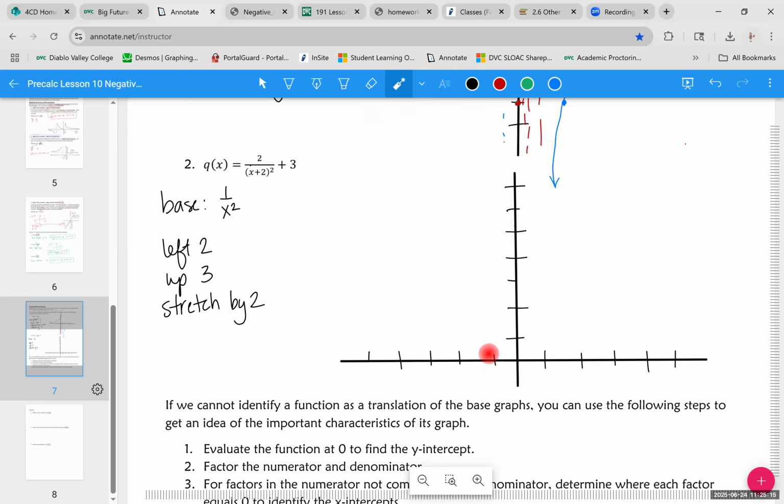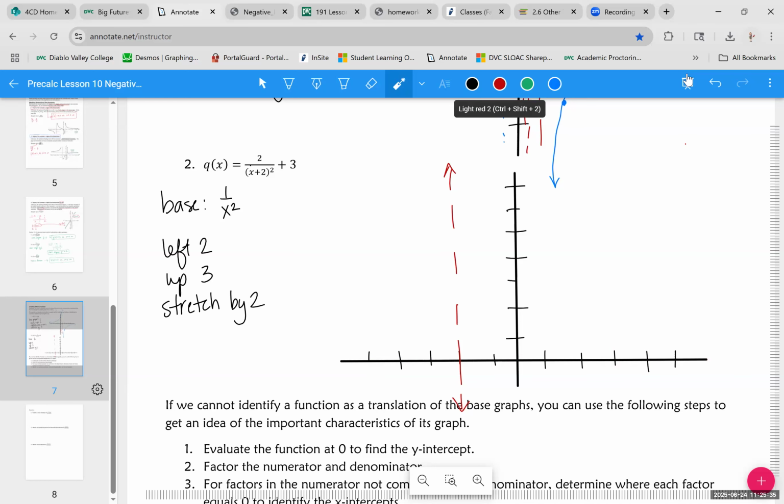If I'm going to move it left 2, that makes my new vertical asymptote here at x equals -2. We also know that it originally has a horizontal asymptote at y equals 0.